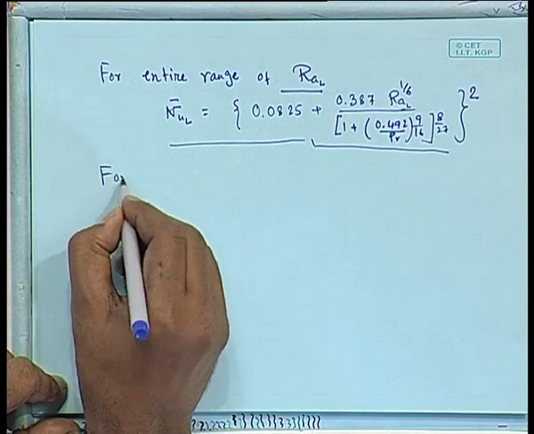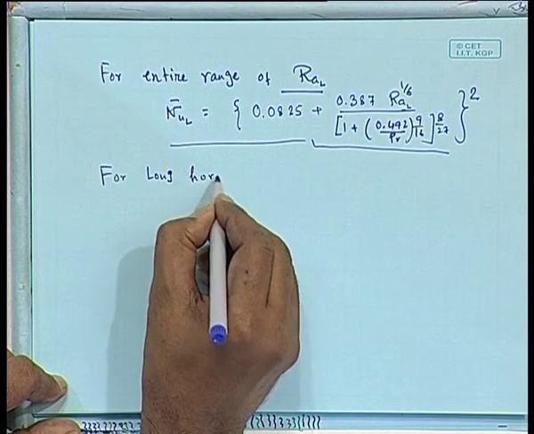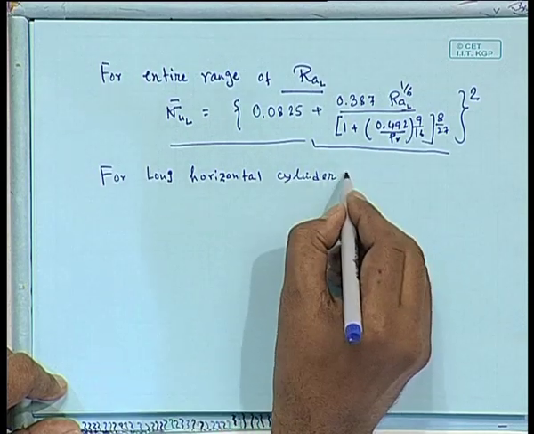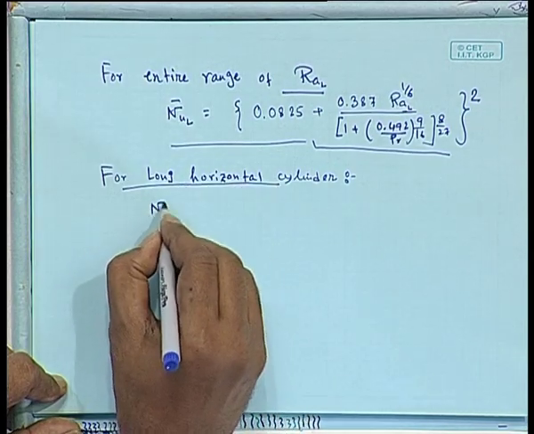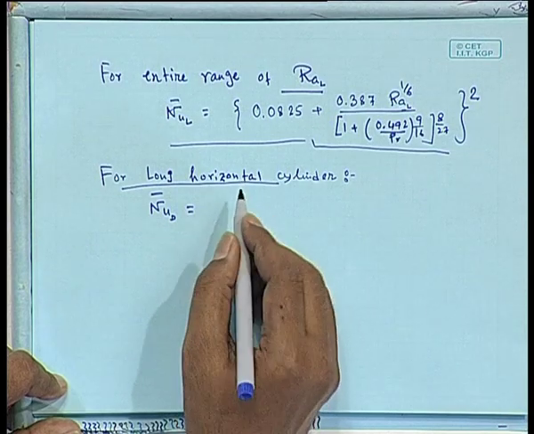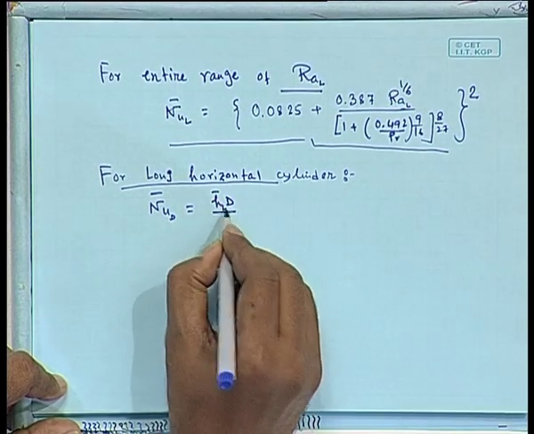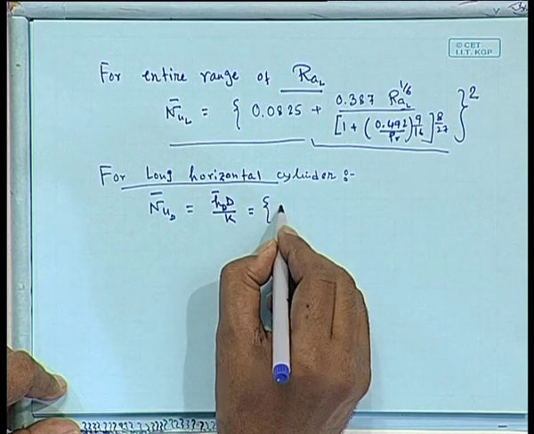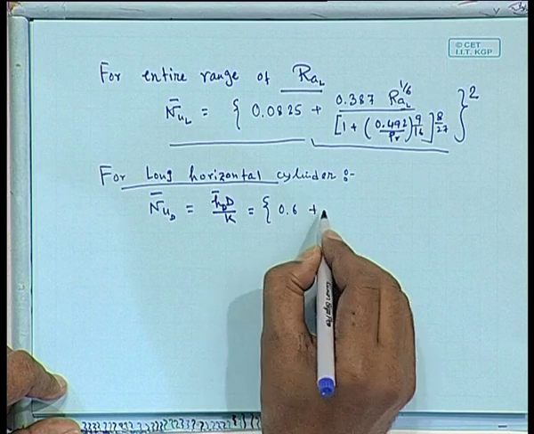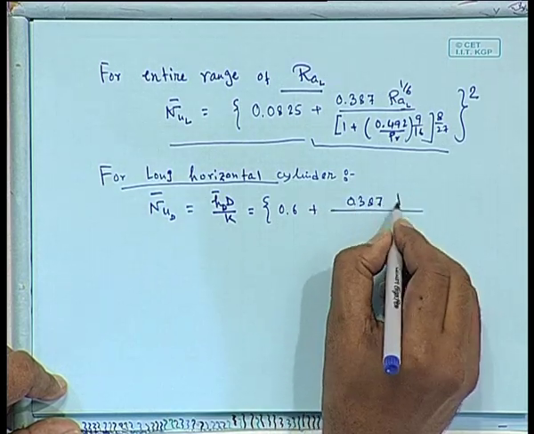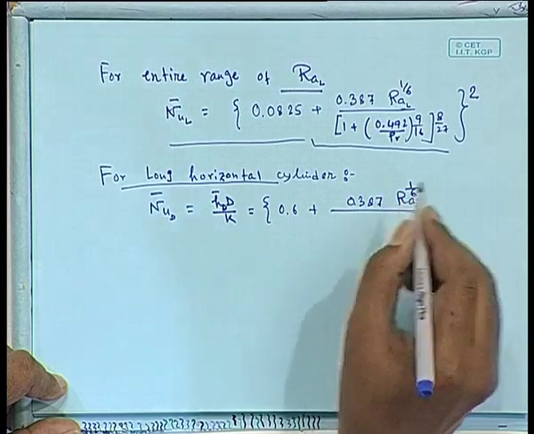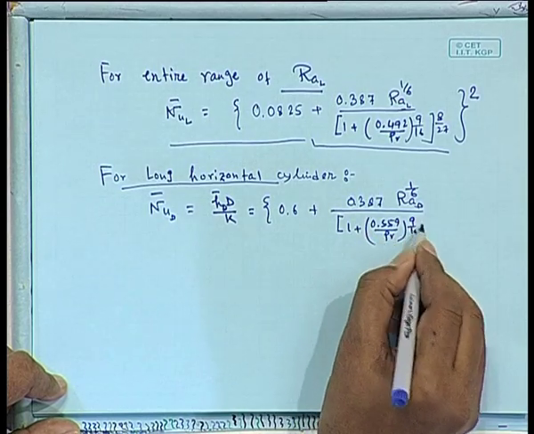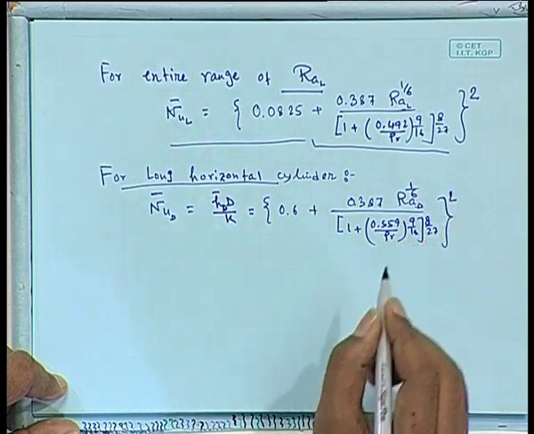For a long horizontal cylinder at uniform temperature, the diameter averaged Nusselt number, that is defined as h_D bar D by k, takes the same form: 0.6 plus 0.387 Rayleigh number based on D raised to the power 1/6, divided by [1 plus (0.559 by Prandtl) raised to the power 9/16] whole raised to the power 8/27, squared.